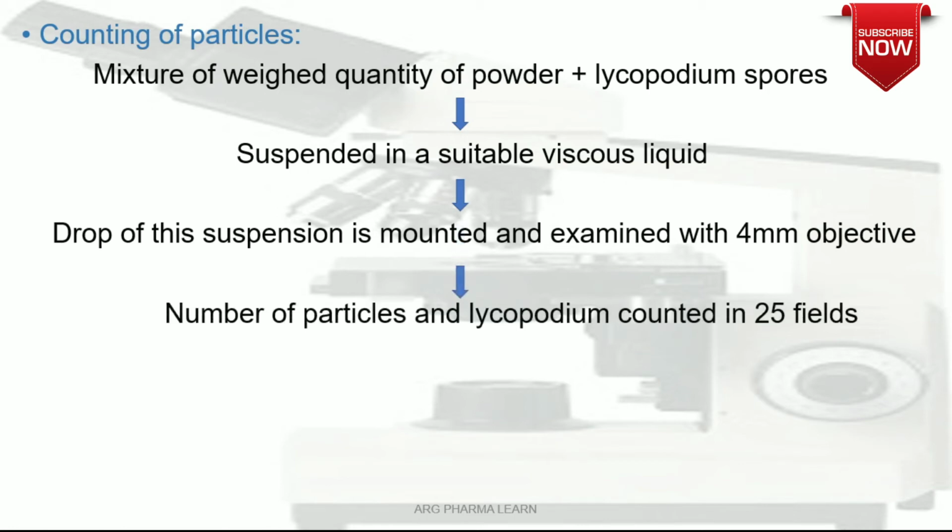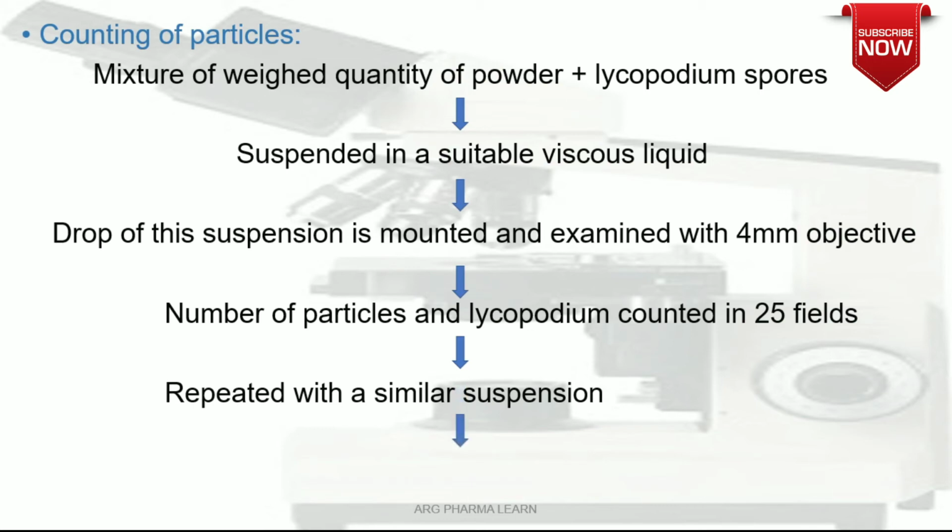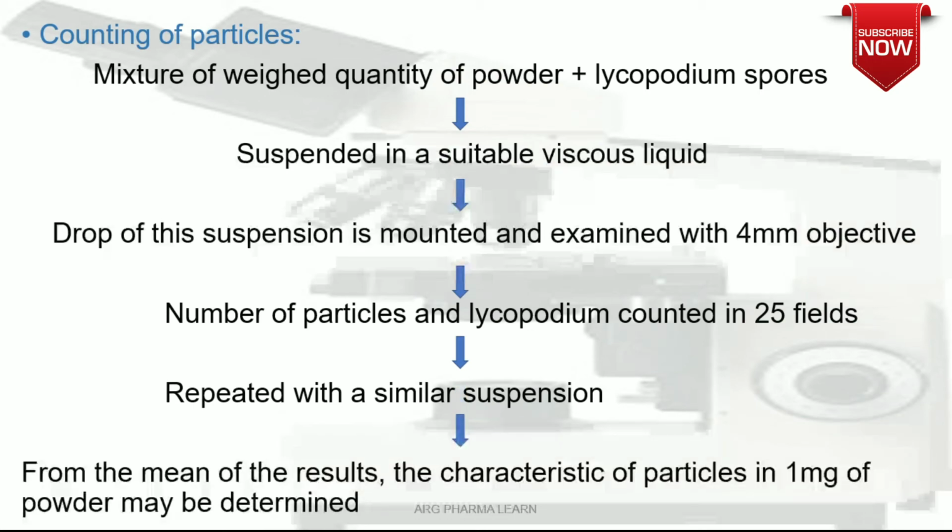The number of characteristic particles and the number of Lycopodium spores are counted in 25 various fields. This experiment is repeated with a similar suspension. From the mean of these results, the characteristic particles in 1 mg of powder may be determined.